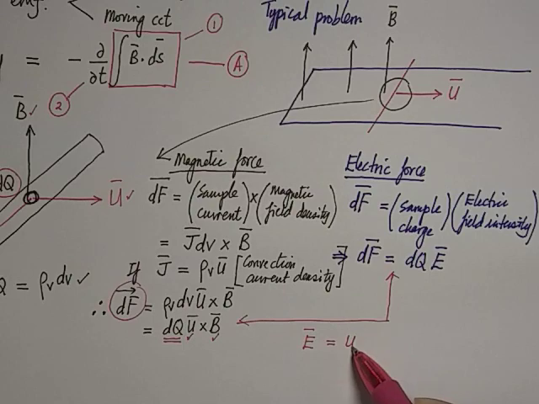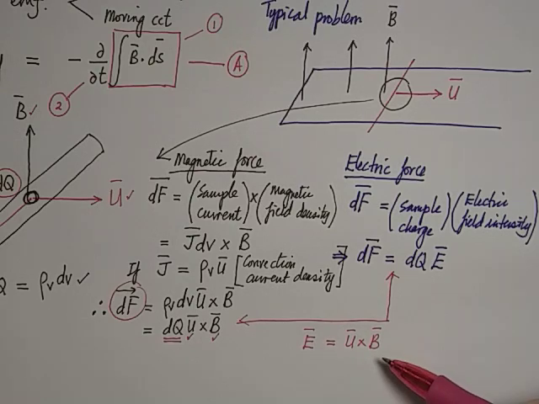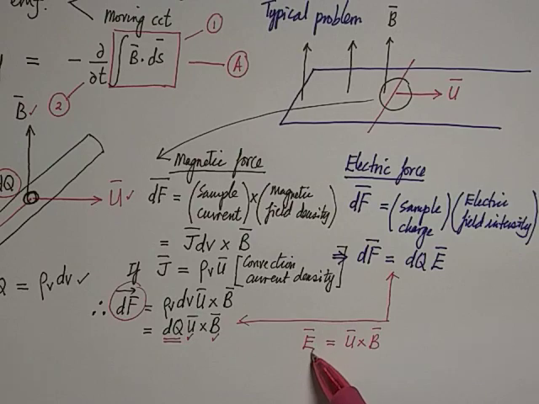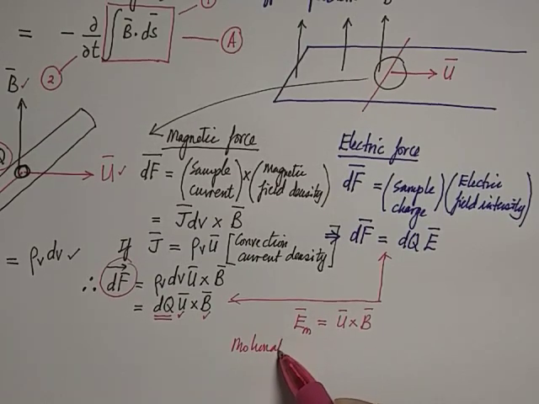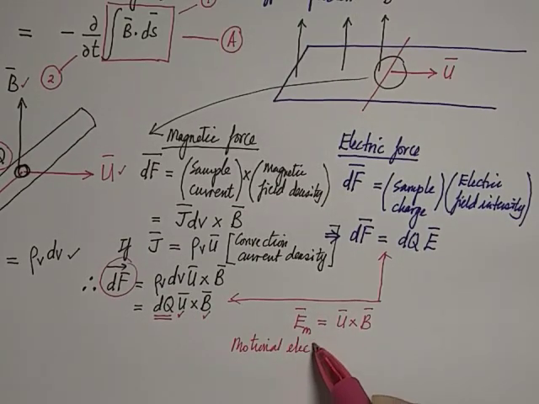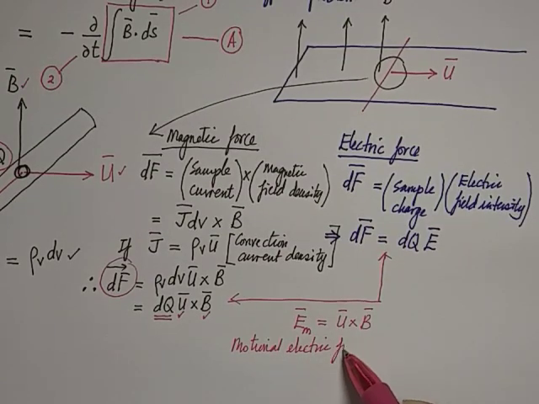Yes, U cross B. So actually when you have a movement in magnetic field density, you are creating an electric field. Since this electric field is special, we call it the motional electric field.